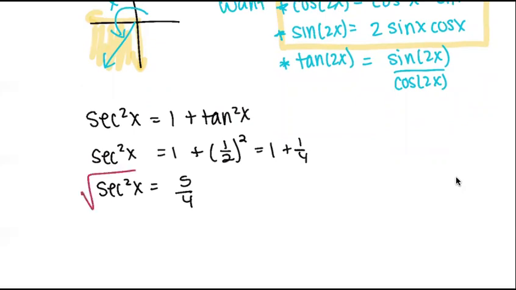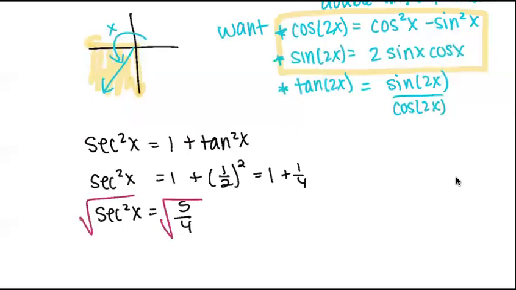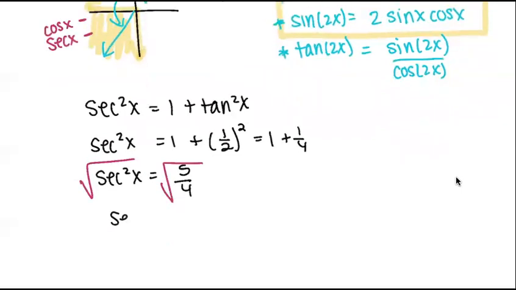And then we'll take the square root, and it'll be negative in quadrant 3. Secant is negative down here, because cosine is negative. So secant x will be negative square root 5/2.